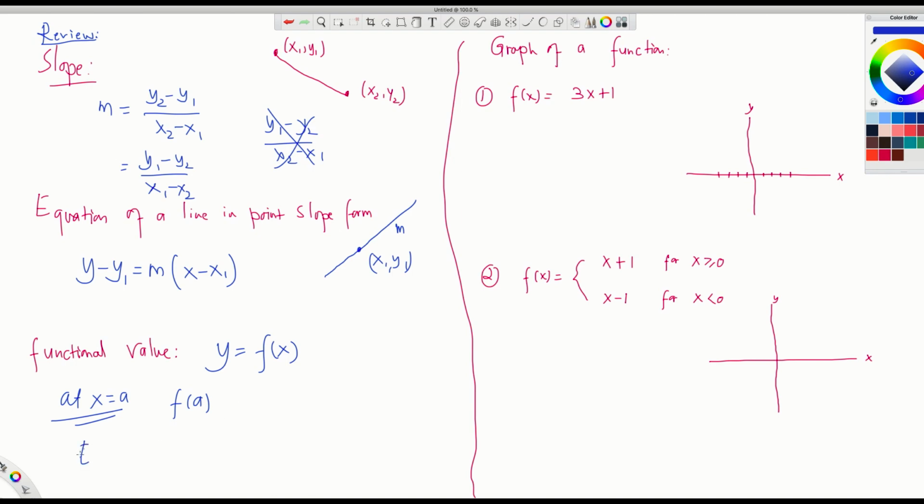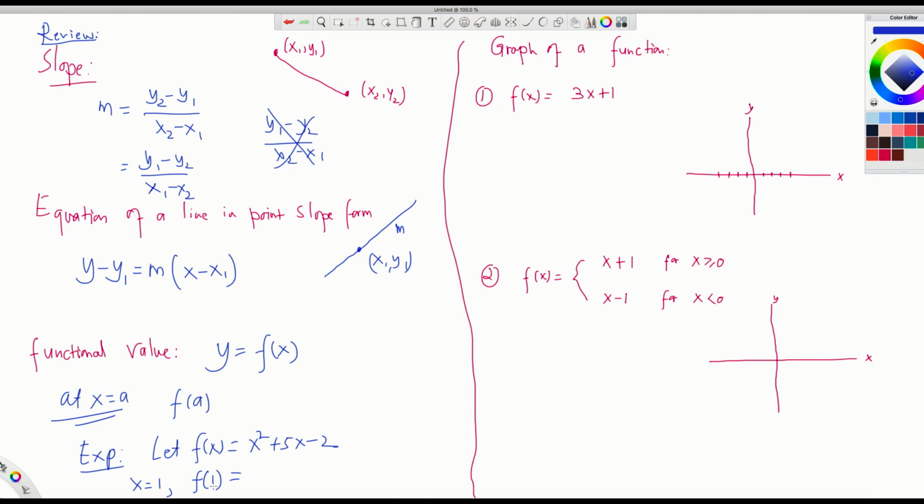For example, suppose f of x equals x squared plus 5x minus 2. Suppose you want to find f at 1. That is the functional value of f of x at x equals 1. So for x equals 1, we replace all x by 1.